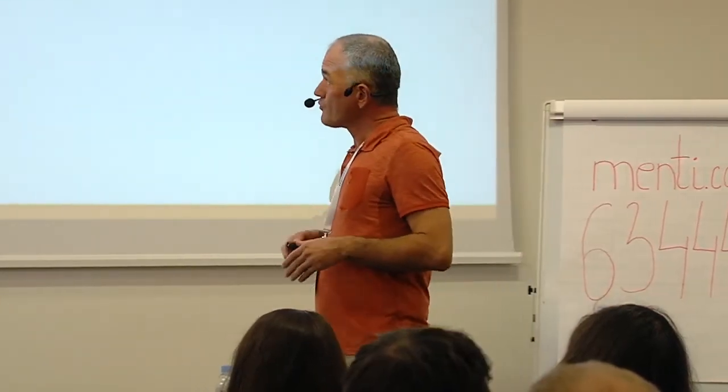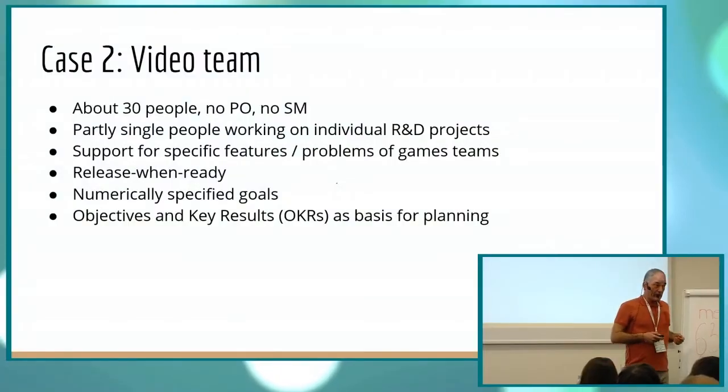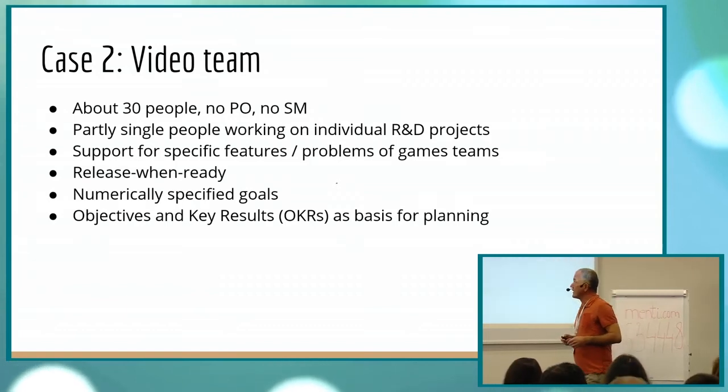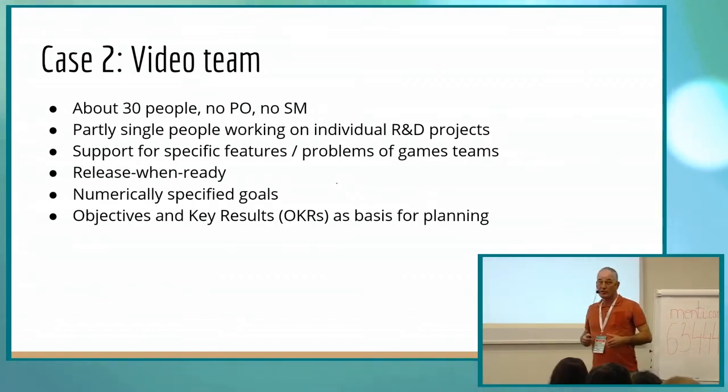Additionally, some people are providing support for specific features or problems of games teams, which is a completely different thing than doing research. The team is releasing when ready, because it's on a separate track from the games with regards to deployment.